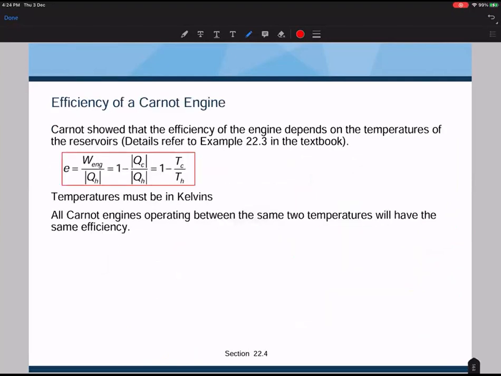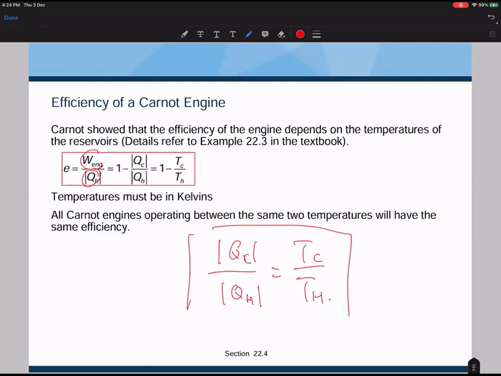QH and QC are actually related to the absolute temperature of the hot and cold reservoirs. Basically, QC over QH is equal to TC over TH for the Carnot cycle. So if you are running a Carnot cycle as a heat engine, then the efficiency of this Carnot heat engine is equal to W divided by QH, or 1 minus QC over QH.